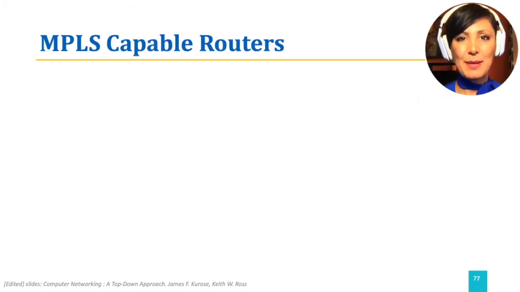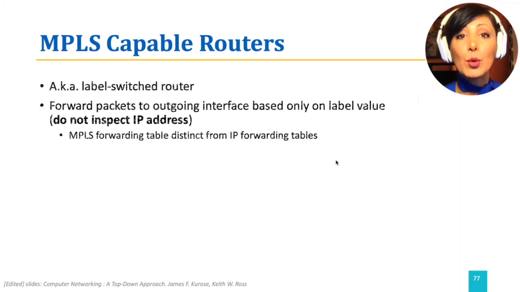An MPLS-capable router, which is also called a label switch router, can perform switching based on the MPLS label only. This means that it forwards packets to the outgoing interface, deciding only based on the MPLS label value. For this purpose, it will not inspect IP address.